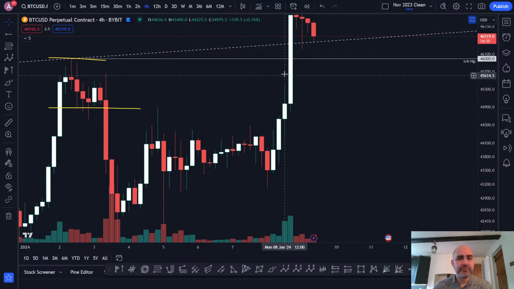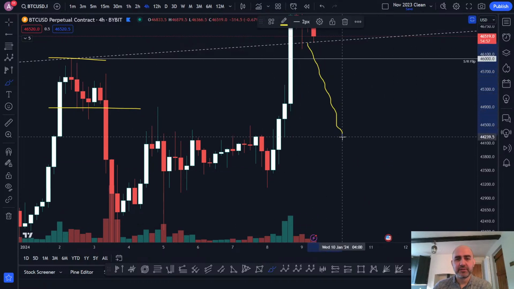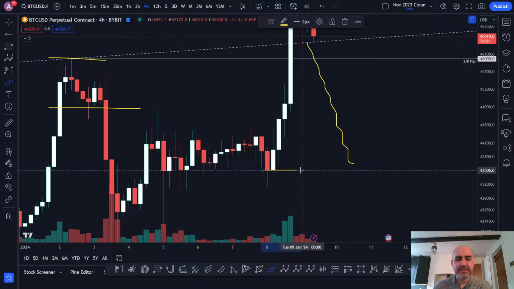So if the price was to return, you would have limit orders placed on this red candle. But as you can see, this green candle wicked down all the way to this level.